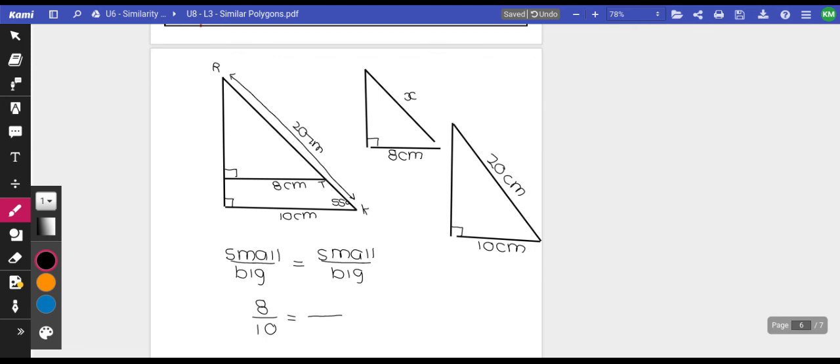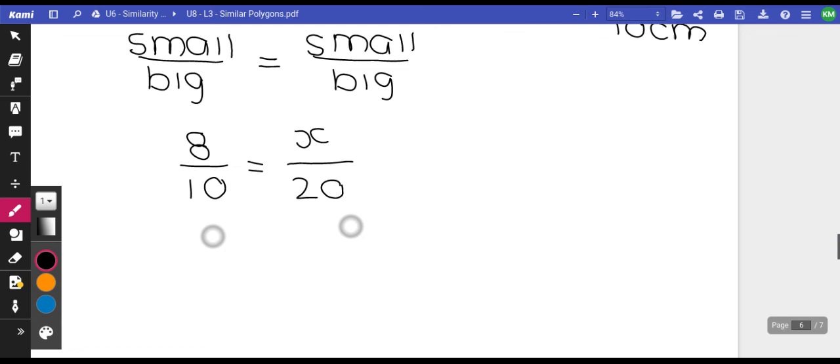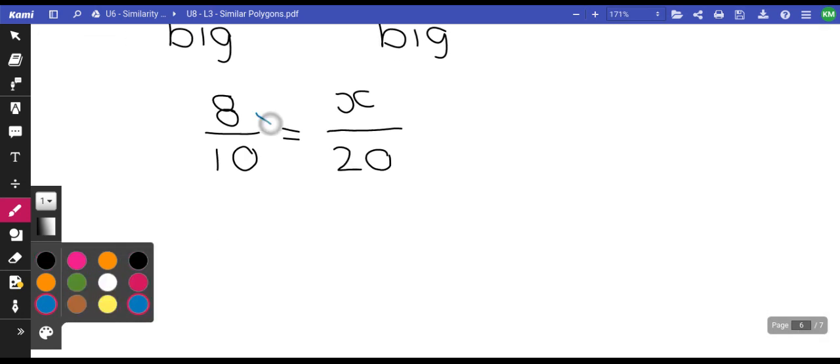Does big go on the top or bottom? It goes on the bottom. We're missing the piece on the small. If I'm missing that piece, are we okay with how I labeled that? Yeah. If I'm missing that piece there, what will I do to get it? Good. 8 times 20 divide by 10 is x is 16.